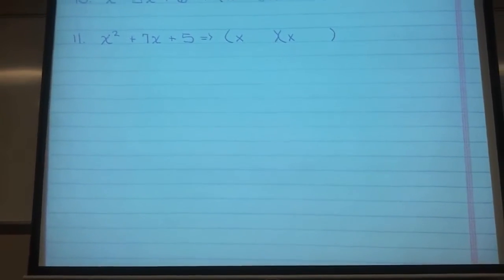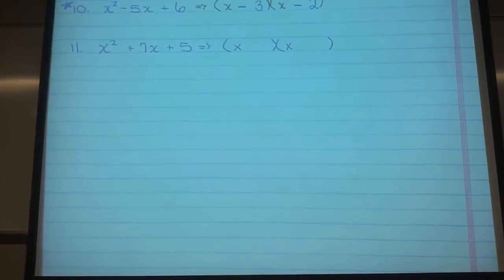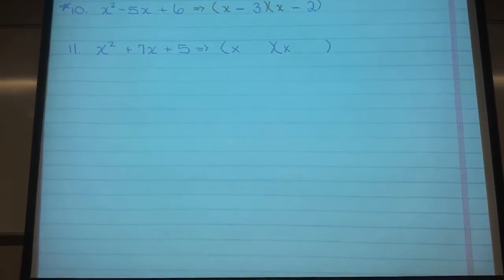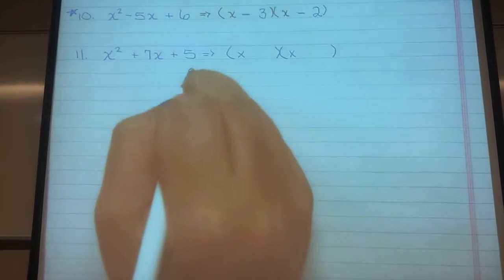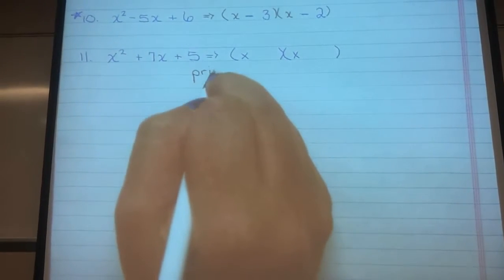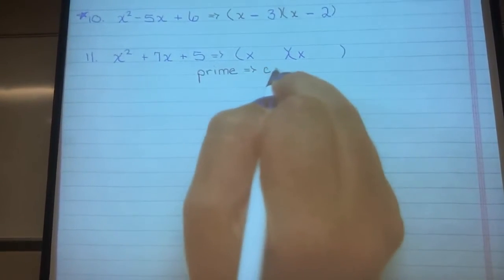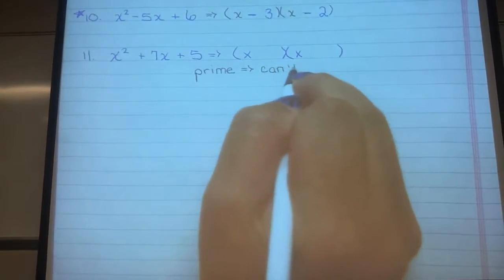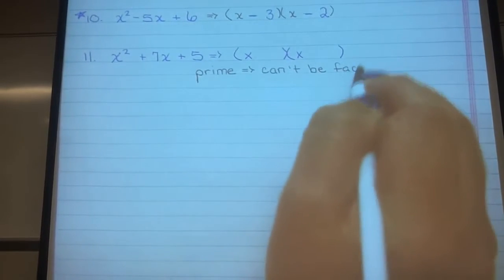Can 1 and 5 give you 7? No. If you can't find your mystery numbers, then we call it prime, meaning it can't be done. You will use the word prime. That just means it can't be factored. So you will run across those.